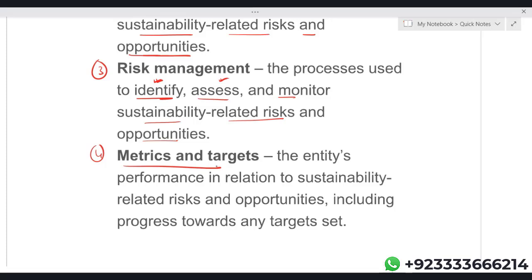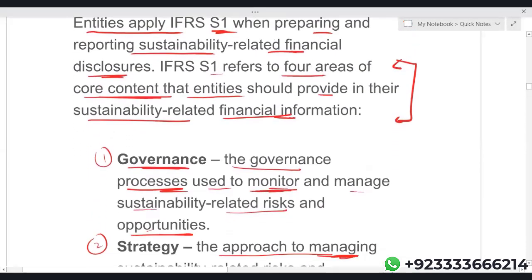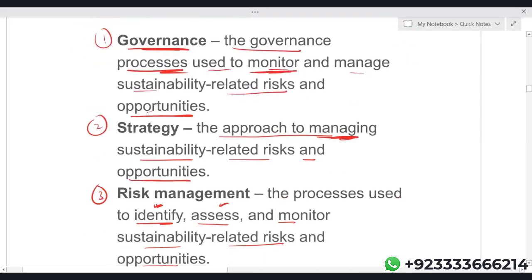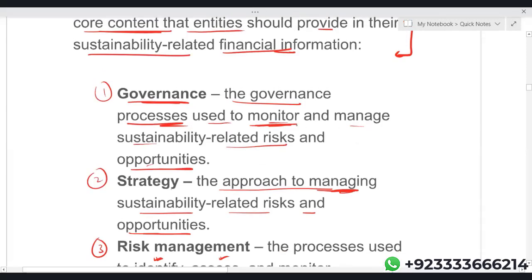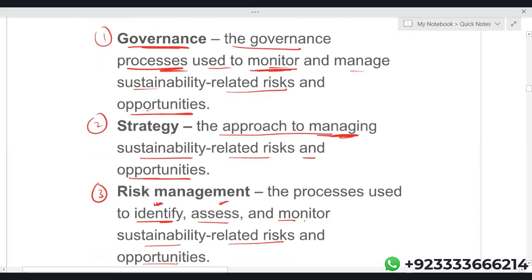Performance can only be evaluated when we compare the results against the targets: the entity's performance in relation to the sustainability related risks and opportunities, including progress towards any target set. So the four areas in S1 are extremely important: governance, the process of how you are monitoring and managing; strategy, managing sustainability related risks and opportunities. In risk management, we do have monitoring, but before that, we have identify as well.